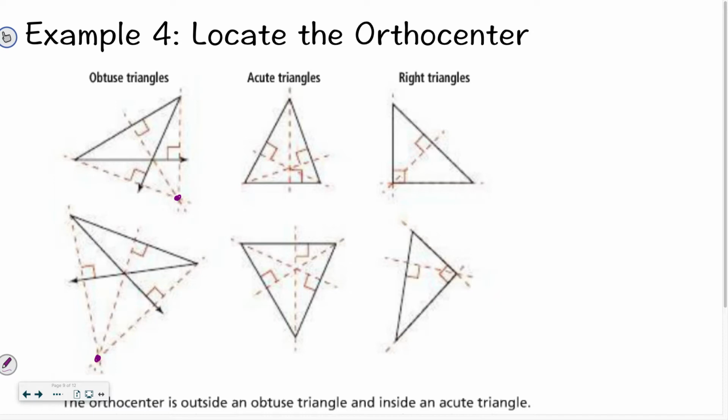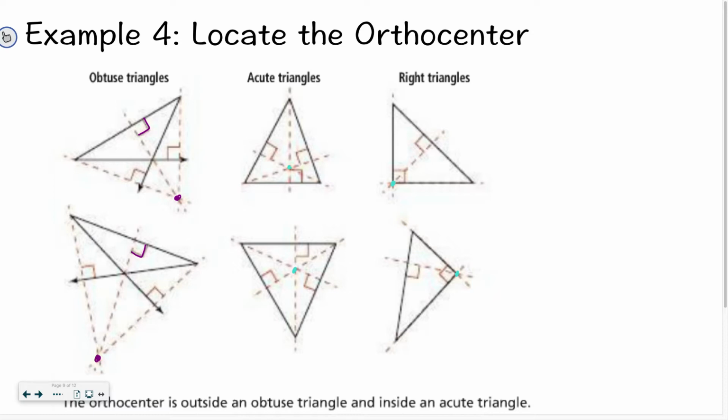You can see that there's one case where an altitude ends up inside the triangle, but if you're drawing all three, two of them are going to be outside. Then, if you have an acute triangle, you can see that it's inside the triangle. And if you have right triangles, your orthocenter ends up being one of the vertices of the triangle.